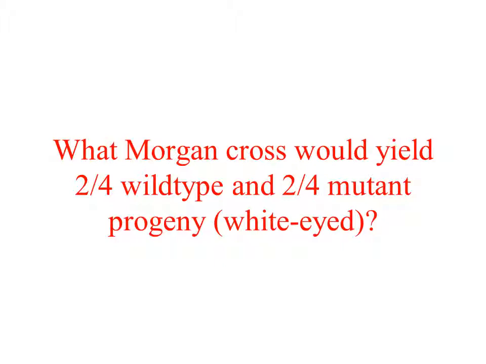The next few slides, we're going to perform some crosses. I would like for you to answer this question. What Morgan cross would yield 50% wild type and 50% mutant progeny?